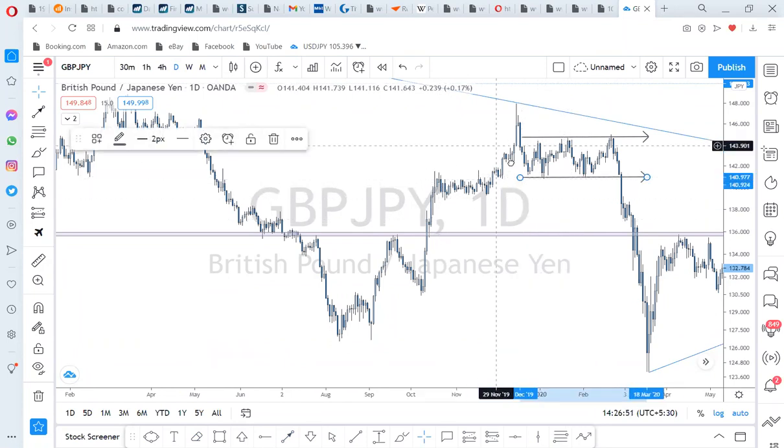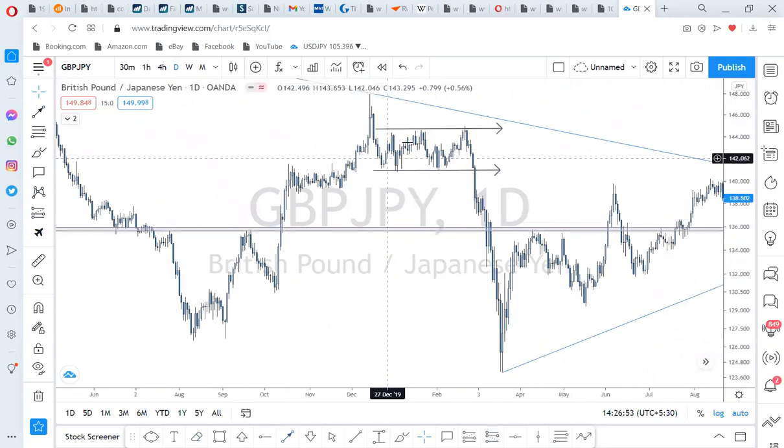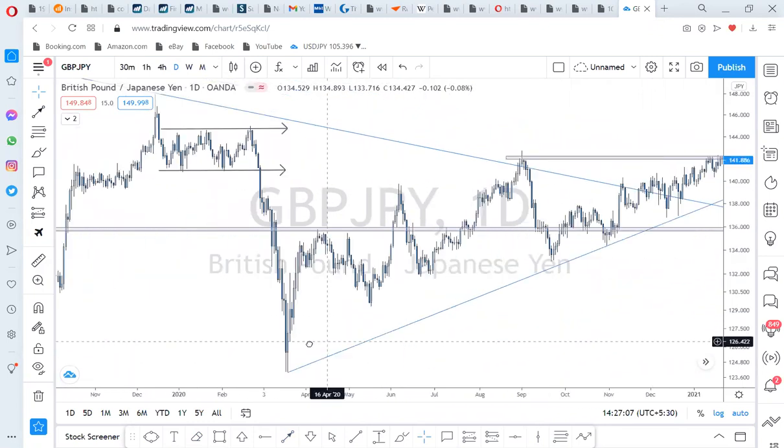You can clearly see a range over here. Just leave it. When it breaks, it will come back and retest. If it breaks upside, you come and retest, boom, go, with your FTR or whatever entry style. Just wait for them to break out. Don't be in a rush to take a trade.